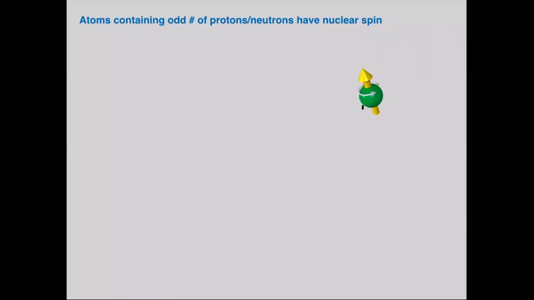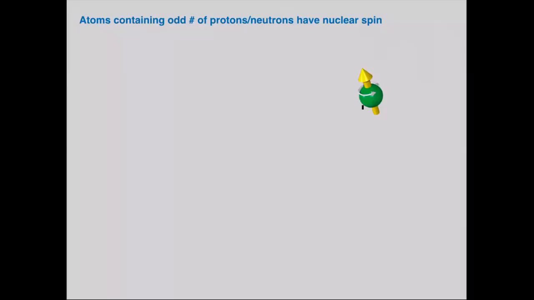Carbon 11 is actually radioactive, but carbon 13 is a stable isotope and exhibits nuclear magnetic resonance. So you'd see a lot of work done on carbon 13 when you want to image inside the body or image metabolism, and so on and so forth.